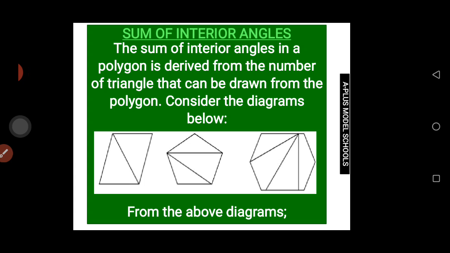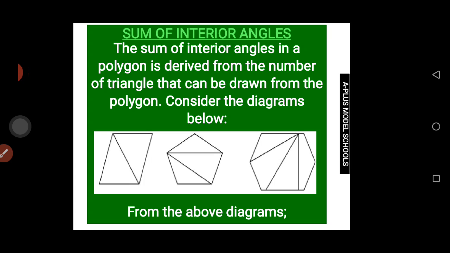When we are talking about the sum of interior angles in a polygon, it is derived from the number of triangles that can be drawn from the polygon. It means the sum of interior angles is gotten through the number of triangles that you can get in a shape.